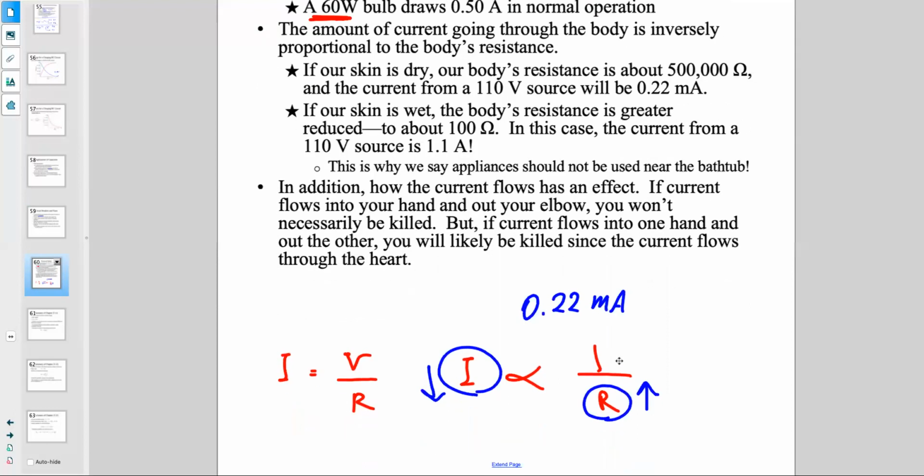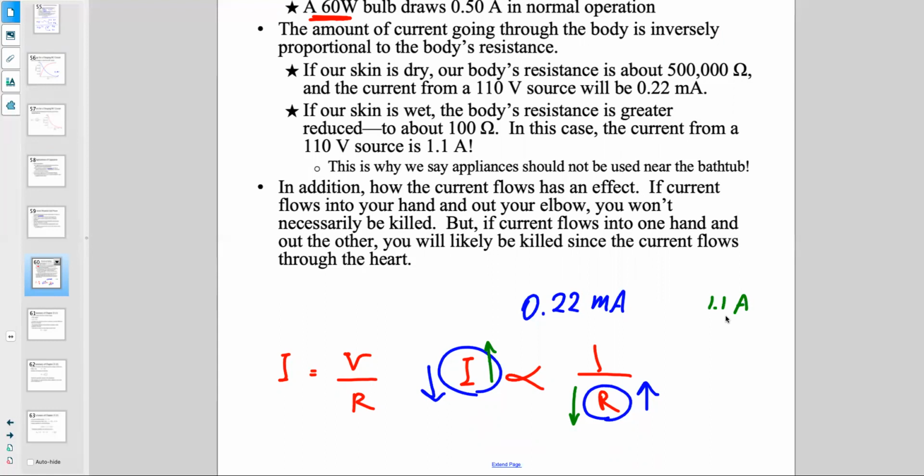So you have reduced your R, and then I will increase. In this case, the current from a 110 volt power source would be 1.1 amp, which is huge enough to kill you. This is why we say appliances should not be used near the bathtub.